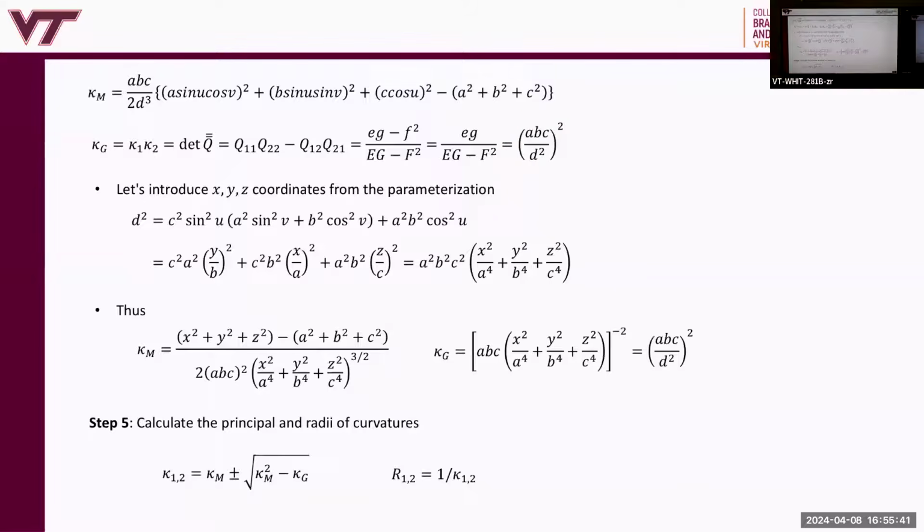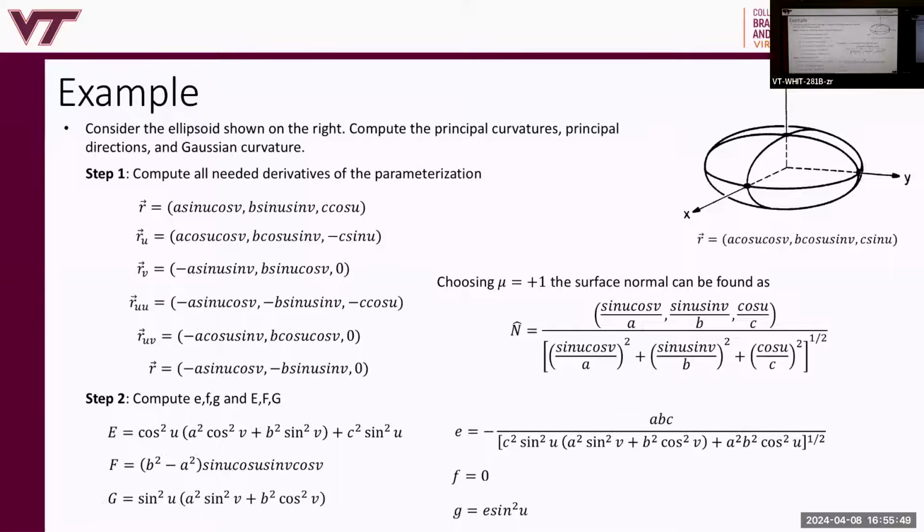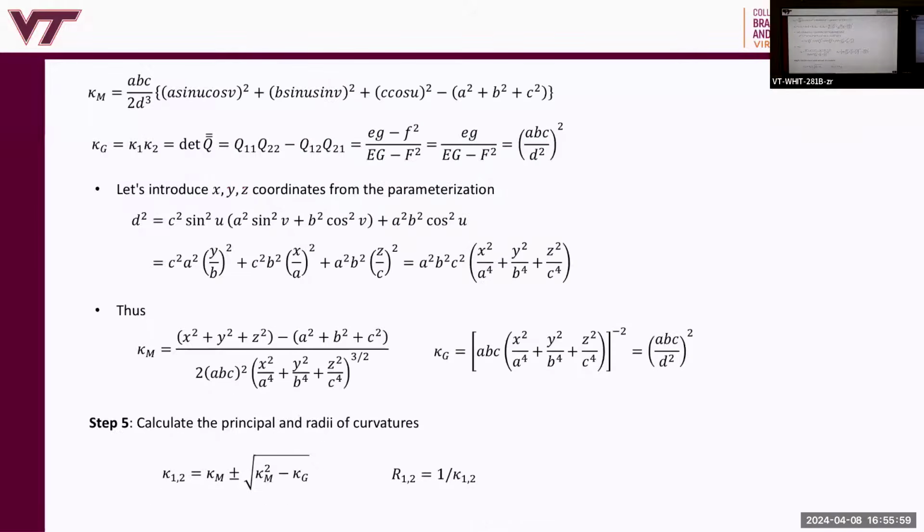Now let's go back to XYZ coordinates. All we have to do is note that from the parameterization, x is equal to a sine u cosine v. This is y and this is z. Knowing those, we can go back to here and calculate D in terms of x, y, and z, which is this.